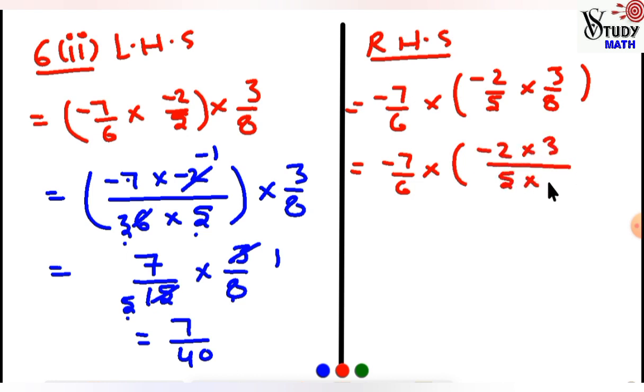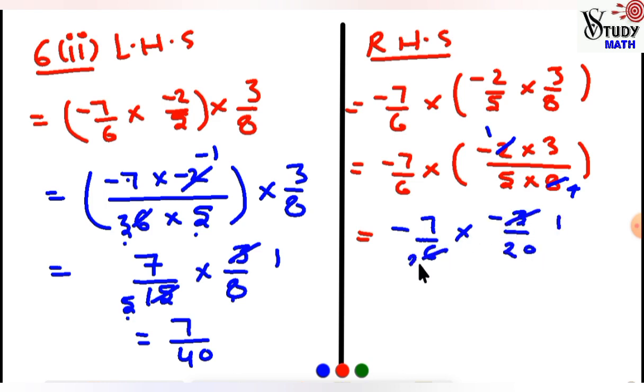Now 2 ones are 2 and 2 fours are 8. So we have negative 7 by 6 going to multiply negative 3 by 20. So 3 ones are 3 and 3 twos are 6. So we have negative 7 going to multiply negative 1 and 2 going to multiply 20. So we have 7 upon 40 is the final answer.